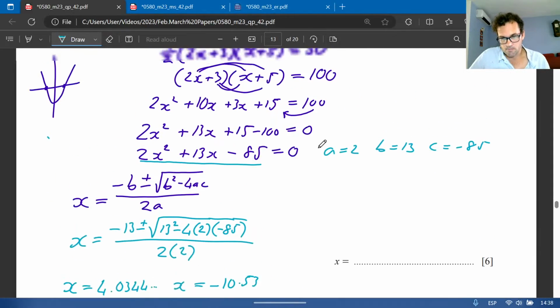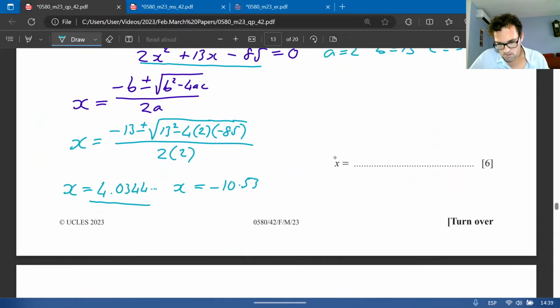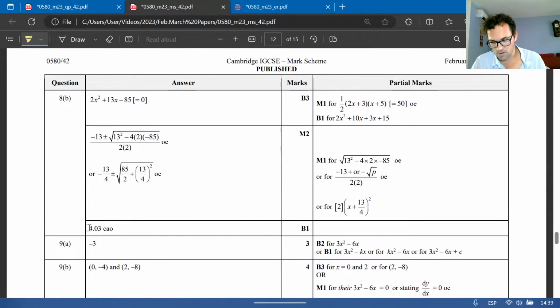Very important. Give your answer correct to 2 decimal places, so we have to write it correctly on the line. Cut it off there, 4.03. And there we go. 4.03, correct answer only, means you can't put anything else.